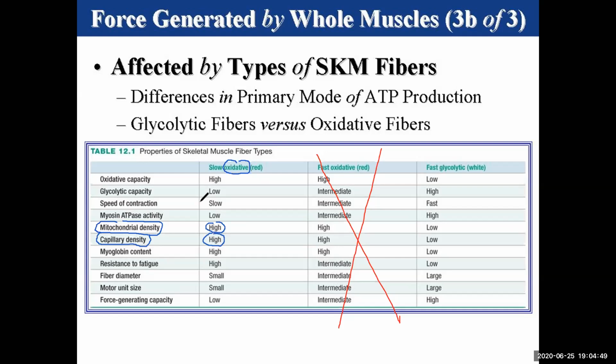If you need oxygen, then you need a way to store oxygen. So myoglobin content is also high. And myoglobin is like hemoglobin. It contains the heme group, iron, which gives the tissue a reddish color. That's why blood is red. That's why the muscle relying on oxidative phosphorylation, or slow oxidative metabolic pathways, appears red.